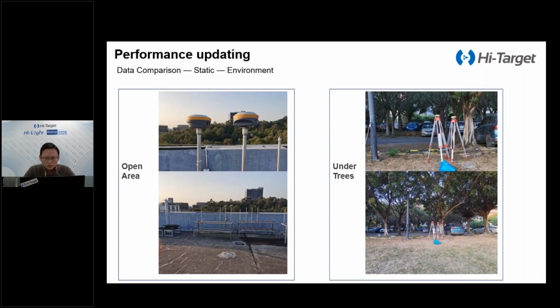Okay, just take a look at the testing environment. I think most of you have visited this roof, and after taking records of static data in the open area and even under the trees, we just input them into our new desktop software, HPC.